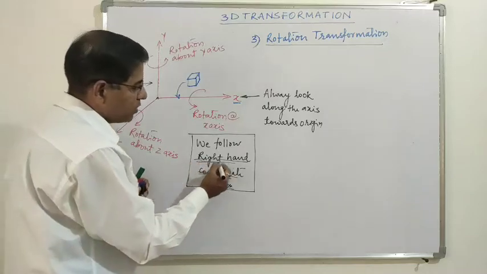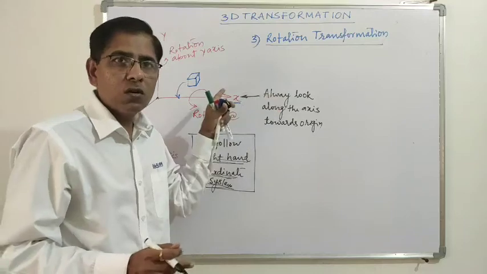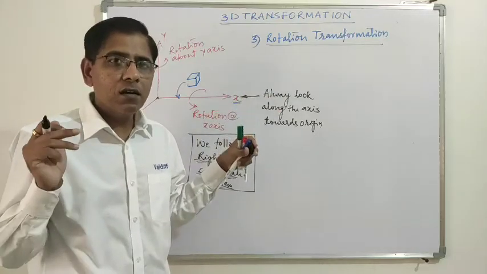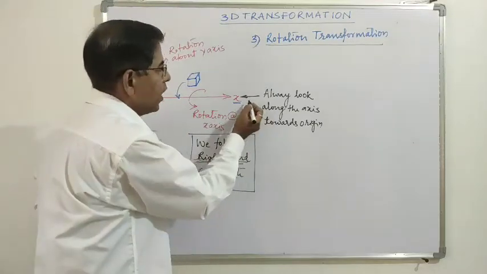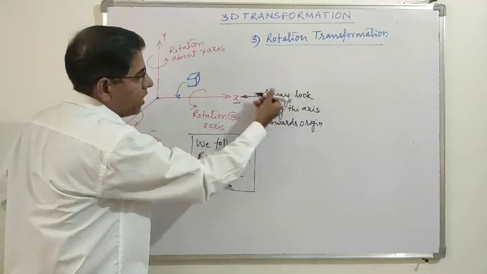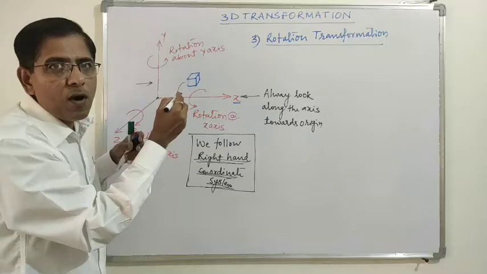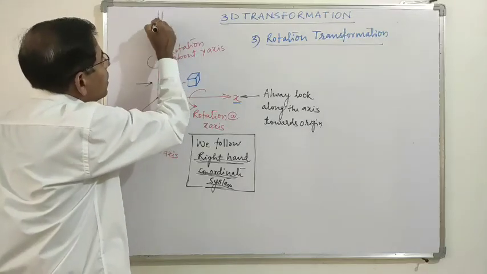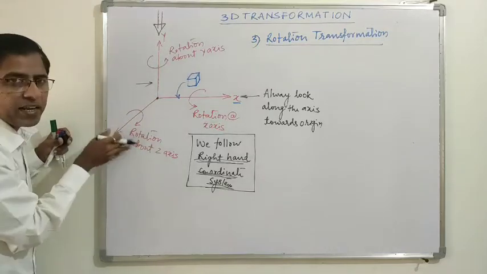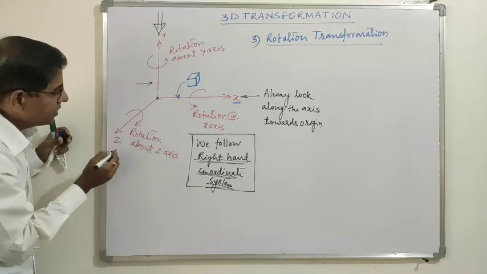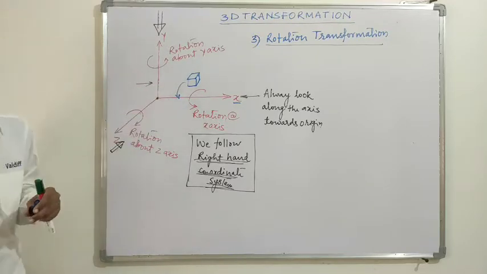That is why we always follow the right hand coordinate system, which tells us always look at the object along the axis towards the origin. If you are looking at rotation about x-axis, look in this direction. If about y-axis, look along y-axis towards the origin. And if you are rotating an object about z-axis, then always look in this direction, towards the origin.